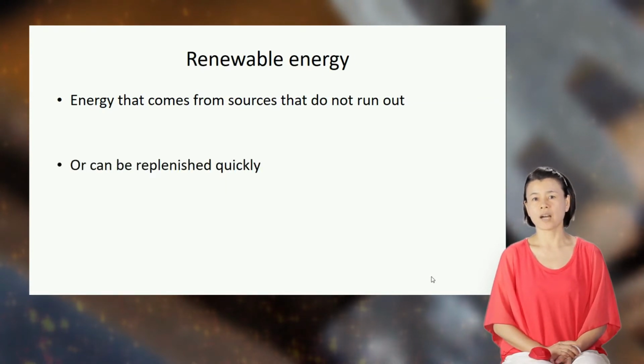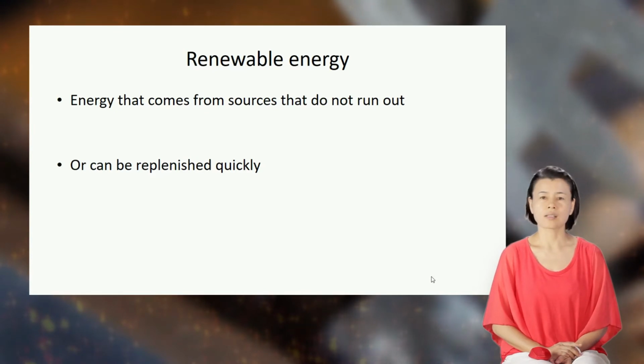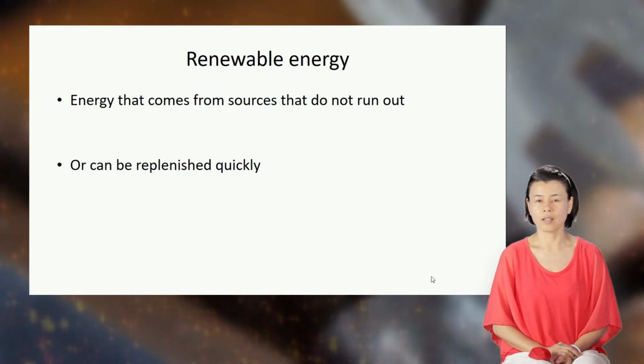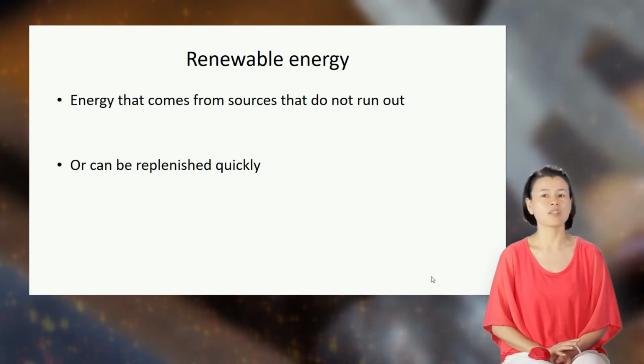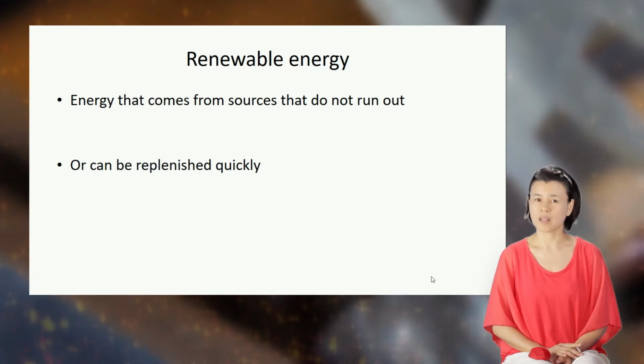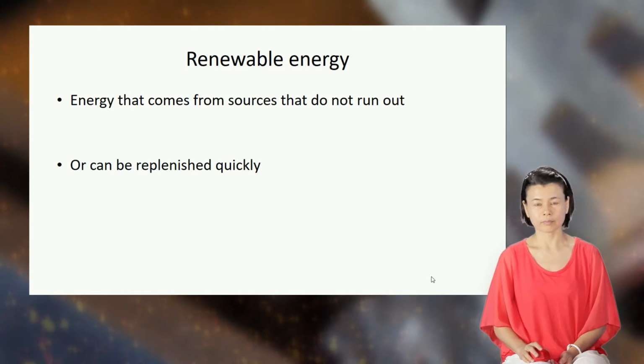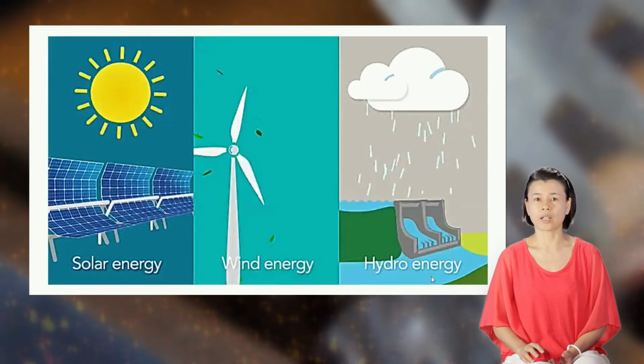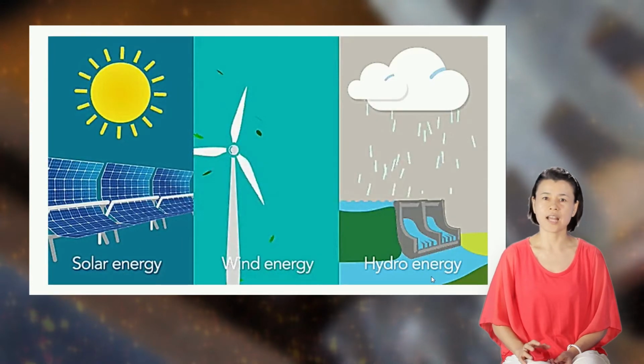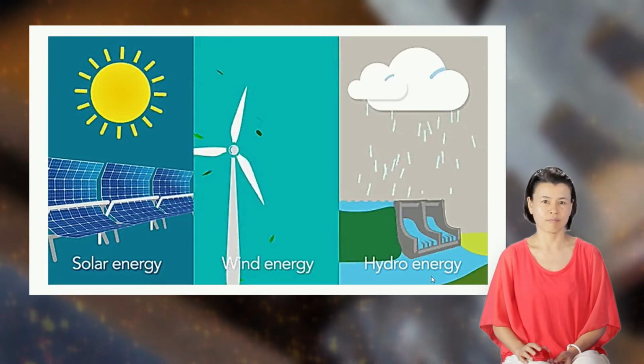This kind of energy comes from natural resources, such as sunlight, wind, biomass, rain, oceans, and geothermal heat. There are plenty of resources. Nevertheless, 3 types of renewable energy are most commonly used. They are solar energy, wind energy, and hydro water energy.